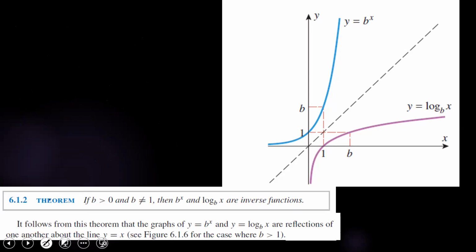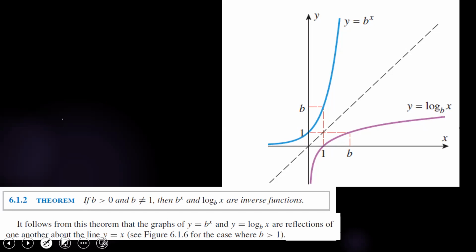Now let's see the relation between an exponential and a logarithmic function. As you see here, this is b to the x, and this is the logarithm to the base b of x. That means they are inverse to each other, like a reflection. Here y equals b to the power x, and here y is logarithm to the base b of x.